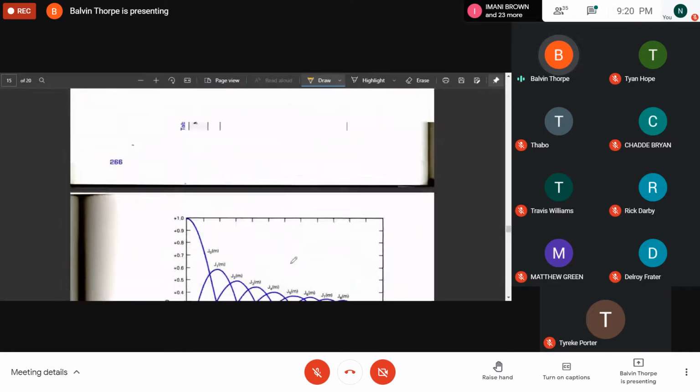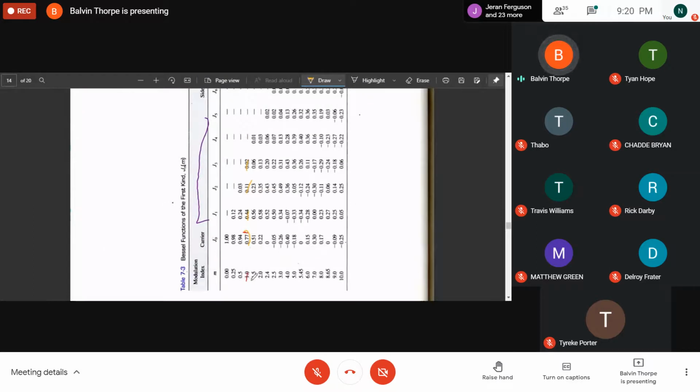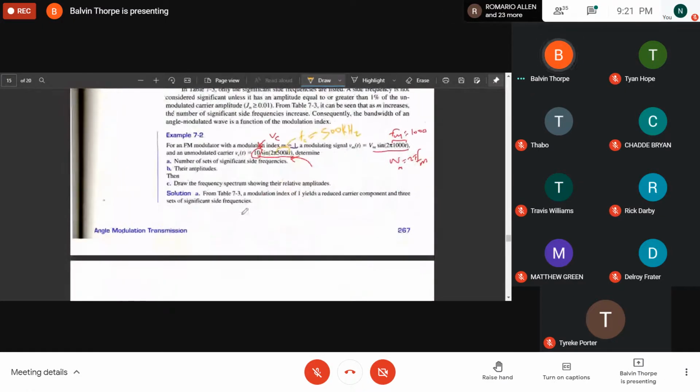With a modulation index of 1, the carrier is going to be 0.77 times the carrier voltage, which is going to be 7.7 again, because the unmodulated carrier voltage was 10 volts. And again, there are values for the first significant sideband, second significant sideband, and third significant sideband. We can calculate these times 10 volts to give us the voltage that is contributing to the side frequencies.